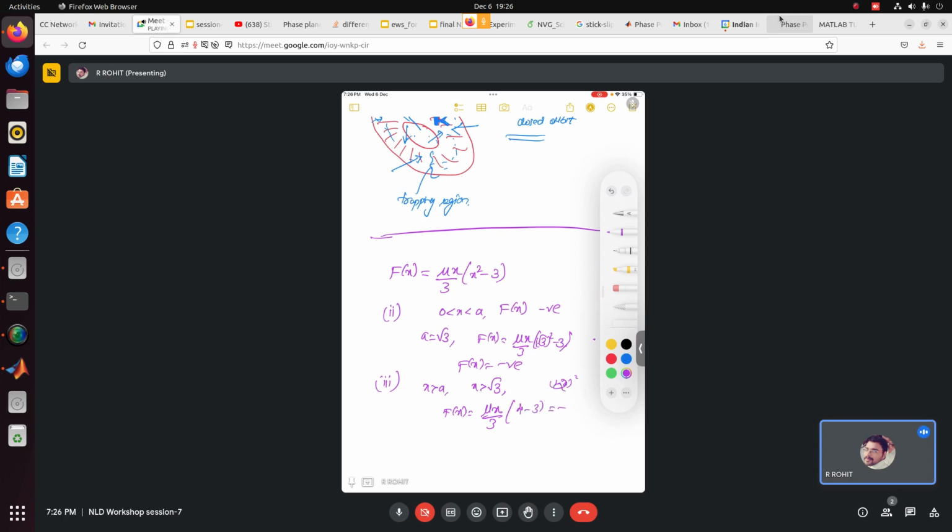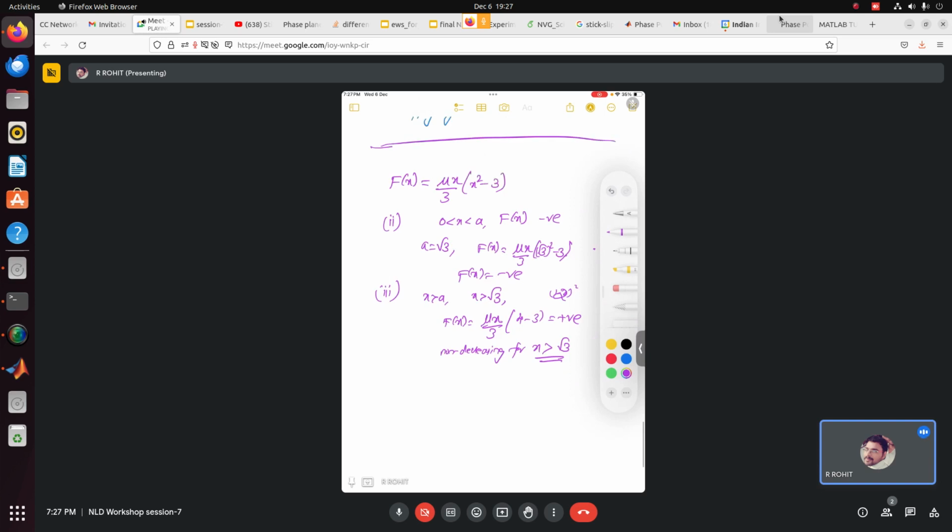So it's actually positive. So it's a non-decreasing value for x greater than root 3. So you were able to show that the fifth condition is also met in the Liénard's equation.